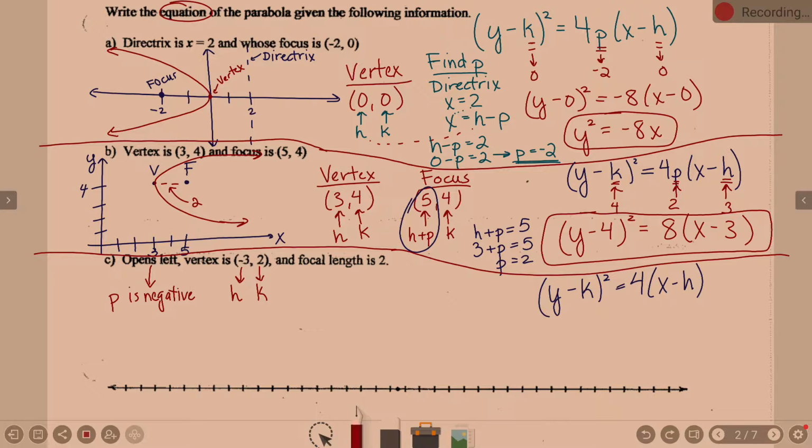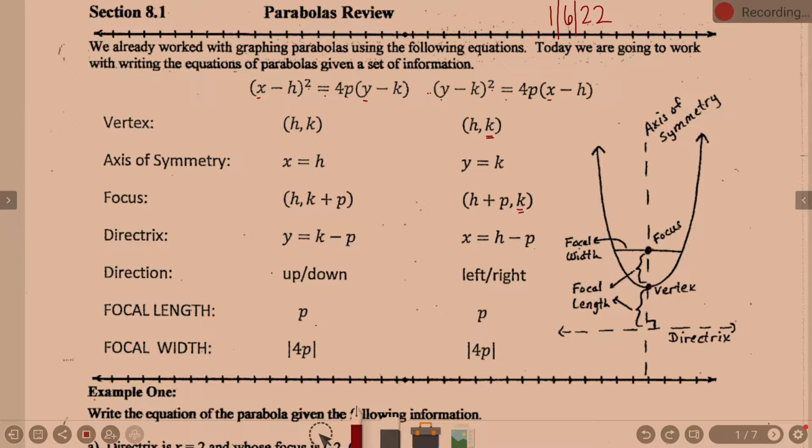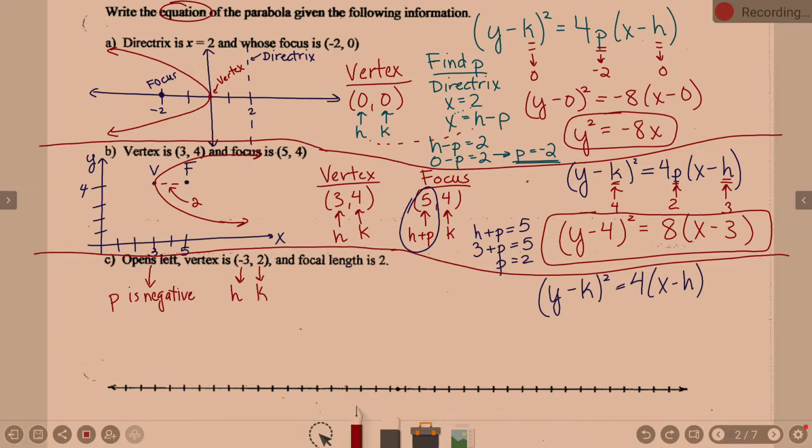Okay, focal length. That may or may not be one that's stuck in your head yet, so I'm going to take us back to the chart at the top of the page. We're in the right column. What does it say about focal length? Focal length is P. Oh, that's helpful. So what does this say?